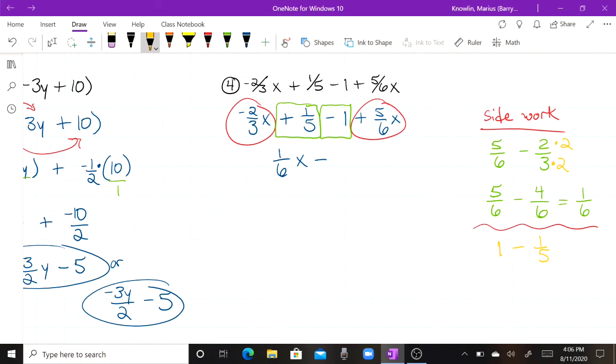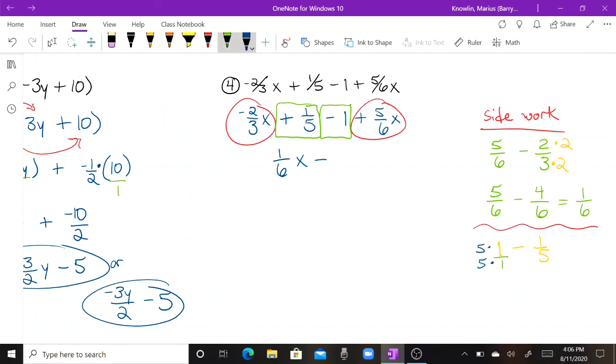Once again, they need to have the same denominator, and I'm going to write the whole number 1 as a fraction over 1, but both of my denominators need to be the same. In this situation, I could change my denominator of 1 to 5 by multiplying it by 5, and now that would give us the same denominator.